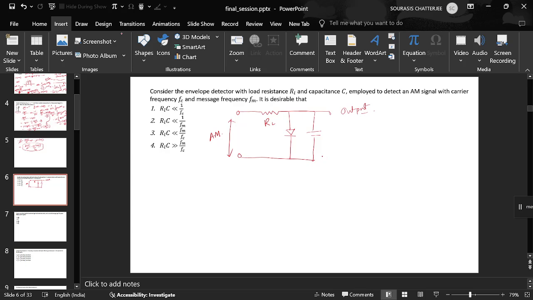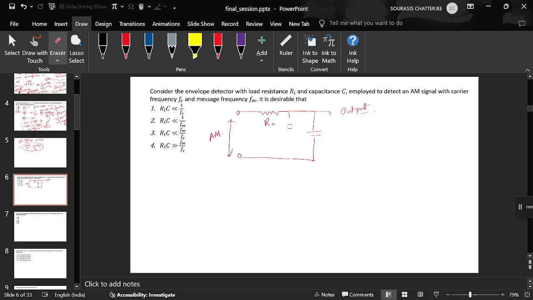I guess the diode should be the amplitude positive, or no, this is wrong.